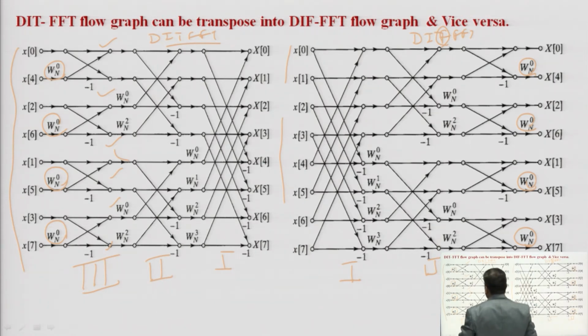So, here you can see that in this one your input bits are in reverse order, here your output bits are in reverse order, here your output bits are in normal order, here your input bits are in normal order. Okay. So, then you can say these are the transposes of each other. Okay. Next question we will see here.